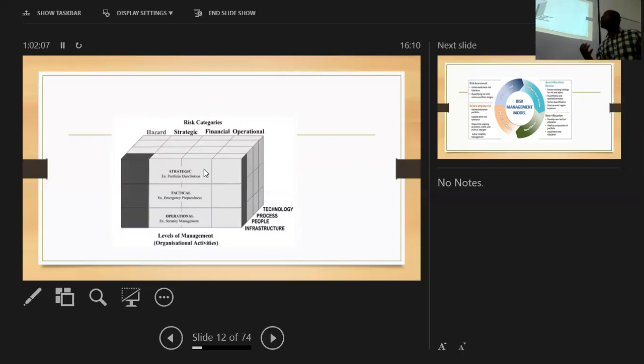Is it a technological risk? And sometimes we use most widely what is known as the COSO framework of risk management, right? I did not put it here, but it's the same as this one, the COSO framework. A few of the things somehow differ here and there, but the principle is the same.